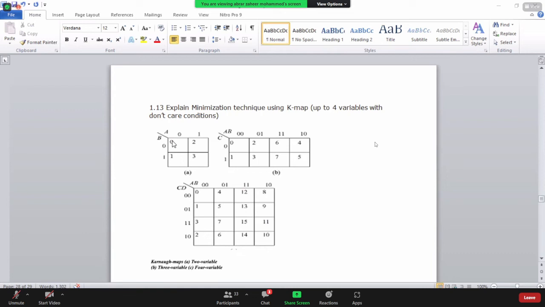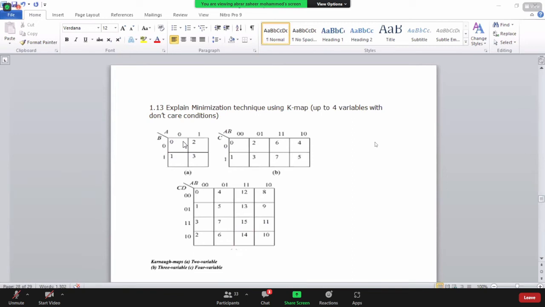This 0 means 0, 0. This 1 means 0, 1. 2 means 1, 0, and 3 means 1, 1. For these values, you have to put the output in the K-map. Then we have to group the ones, and after that we can simplify the Boolean expression. These are used to simplify Boolean algebra.